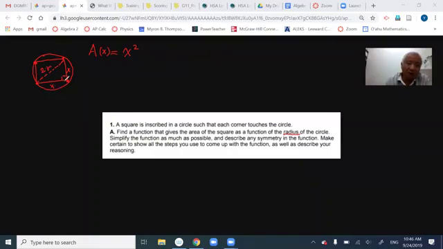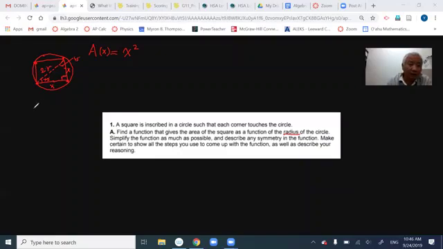So from here, we know that since these sides are equal and this is 90 degrees, this belongs to a 45, 45, 90 right triangle.